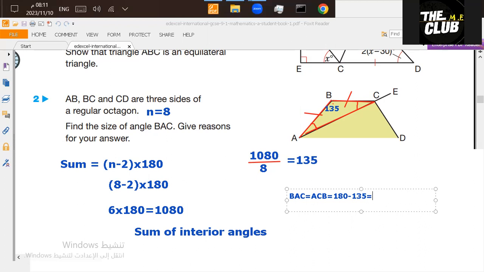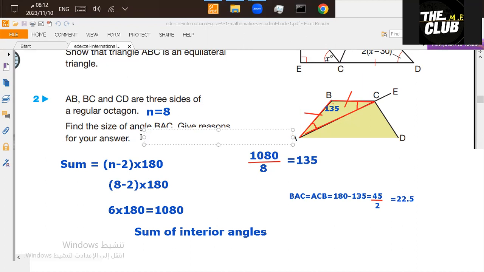So 180 minus 135 will be 45. And then I'm going to take the 45 divided by 2 because as we said, they are both the same because this is an isosceles triangle. So I'm going to take 45 divided by 2 and the answer will be 22.5. And this is the answer for BAC.